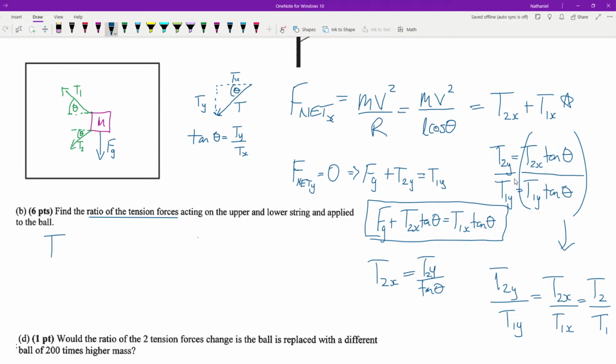Okay, got it. So let's say mv squared over L cos theta is equal to T2x plus FG, which is really mg plus T2x tan theta, all over tan theta.